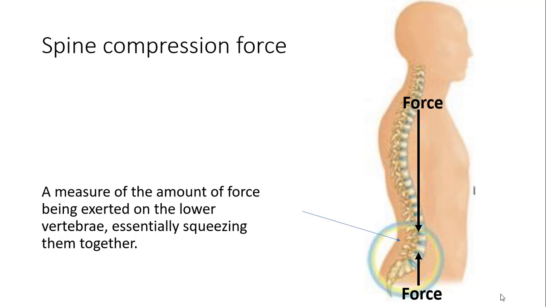The idea behind this model is that it measures the amount of compression force exerted on the lower part of the spine, the lumbar region. Compression force is defined as a squeezing force, pushing in two directions, upper and lower, and squeezing the vertebrae of the spine together.